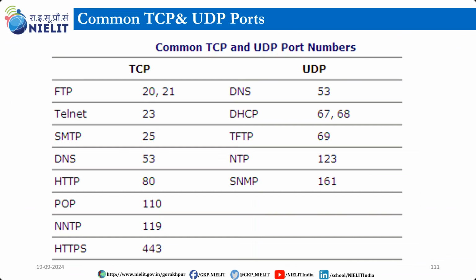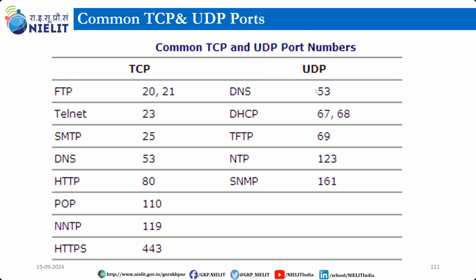Similarly, HTTP, Hypertext Transfer Protocol, a website is supposed to run on TCP port 80 by default. POP, Post Office Protocol, 110. NNTP, Network News Transfer Protocol, 119. HTTPS, meaning secure website, is supposed to run by default on TCP port 443.